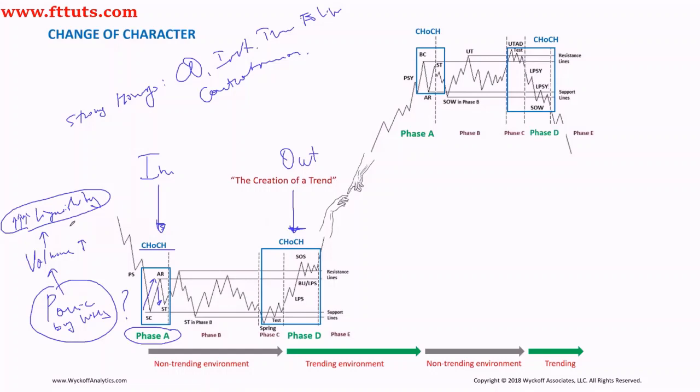So they need to cover their shorts and open the position when they can, when liquidity is available to them, when shares are readily available.